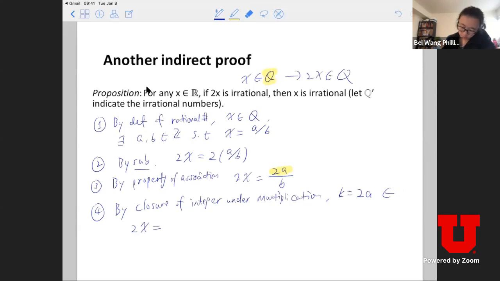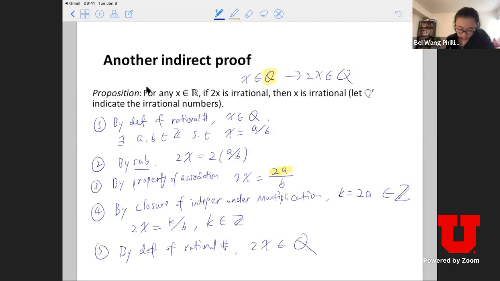Just rewriting this, 2x is equal to k over b for k an integer. Then, of course, the last step is by definition of rational number: 2x is a rational number because it can be expressed as the division of integers k and b.